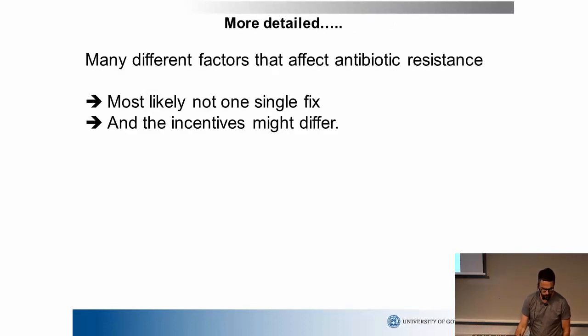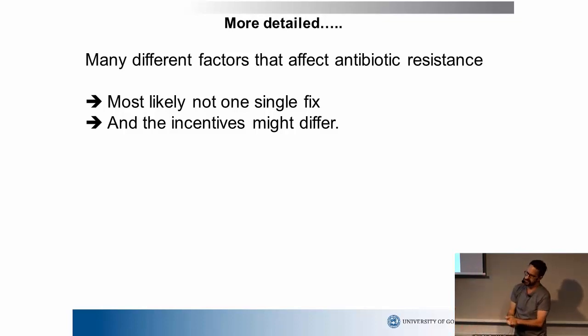So what do I mean by this? Well, first of all, going back to not one single fix, as we have seen, there are a lot of different factors behind the problem, okay? So we're not going to have one single fix.